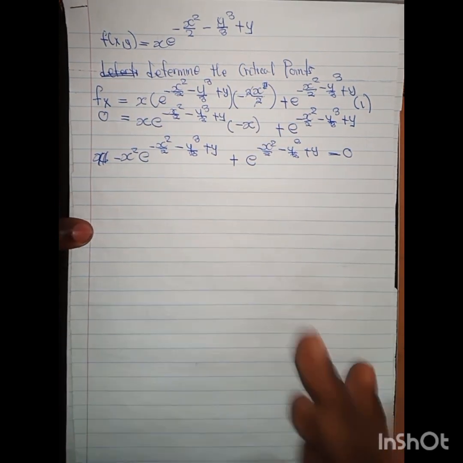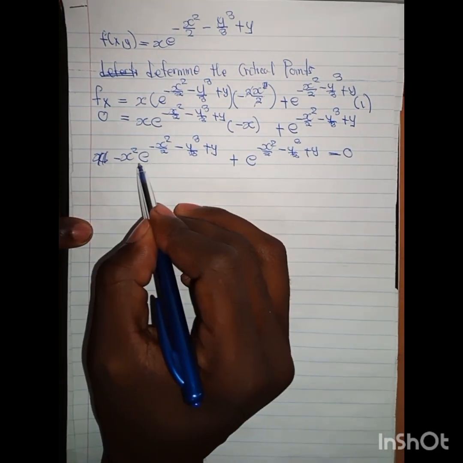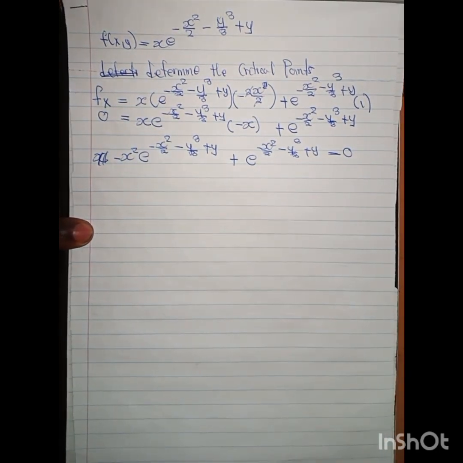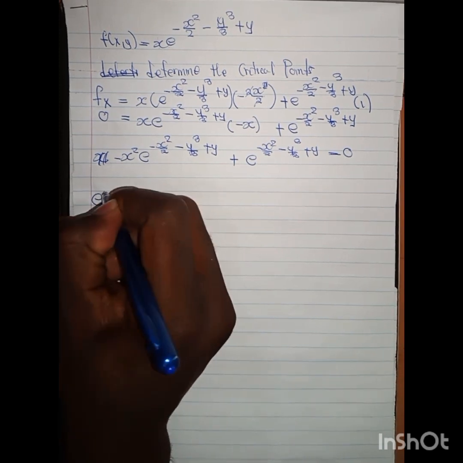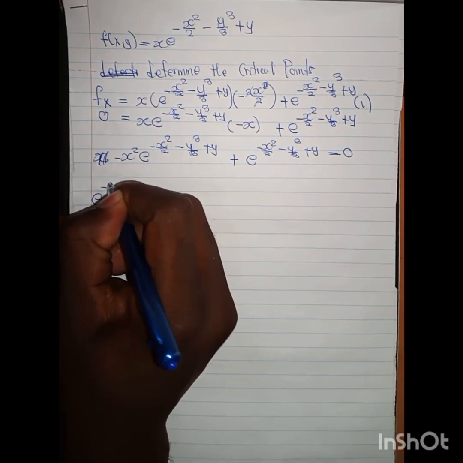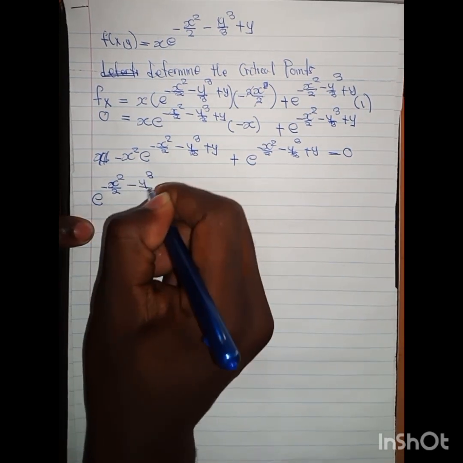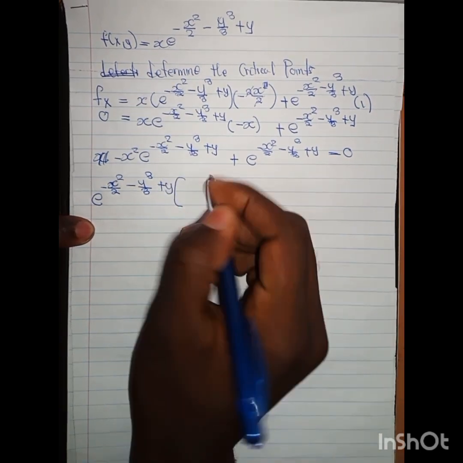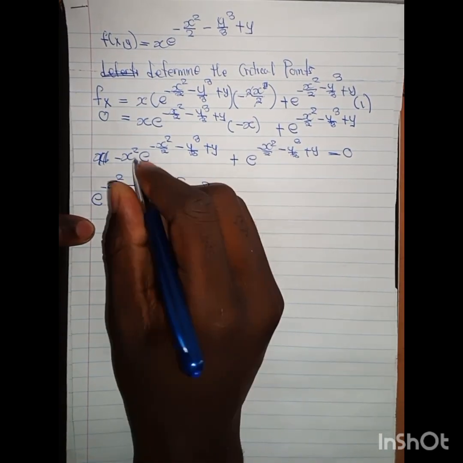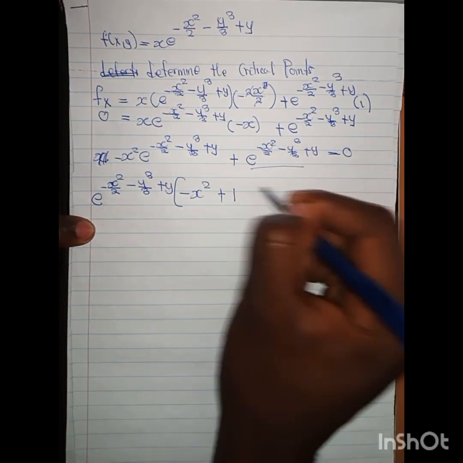And then from now on, when we check on this problem, we have a common factor, which is e to the negative x squared over 2 minus y cubed over 3 plus y. And then we can take it out as a common factor. Then when we take it out inside the bracket, minus x squared will remain, and then plus 1 for this part.